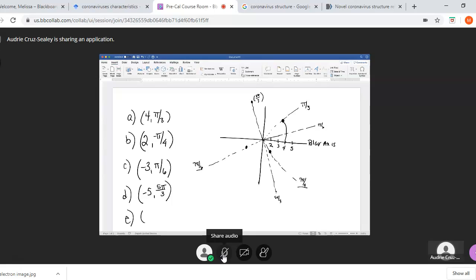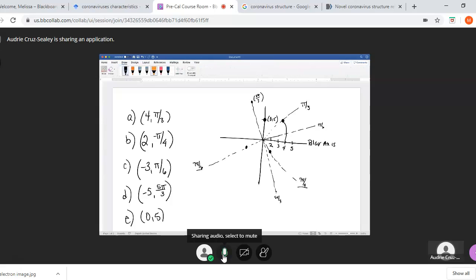And then the next one says 0, 5. And then you just plot that one like normal. 0, 5. You're actually on the axis. Sorry, I'm lying. Wrong. Sorry.